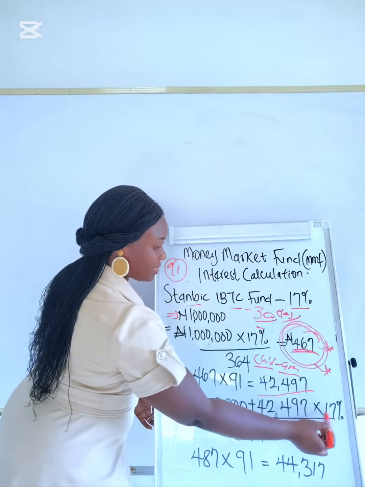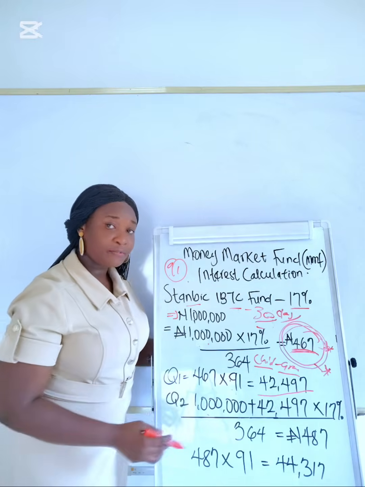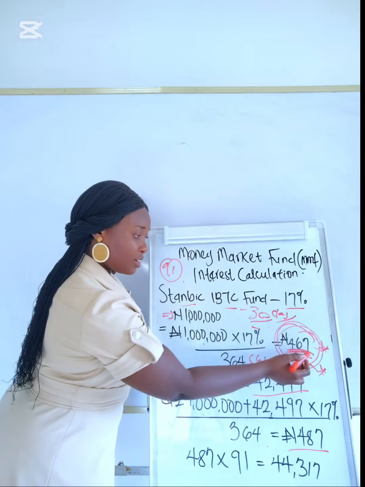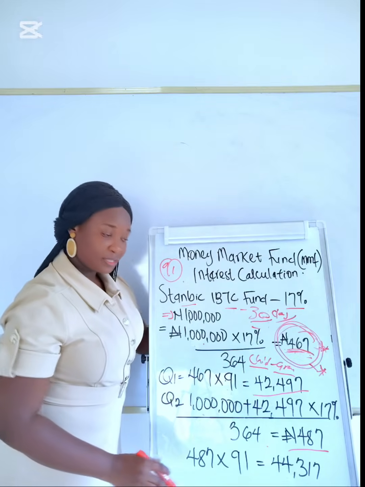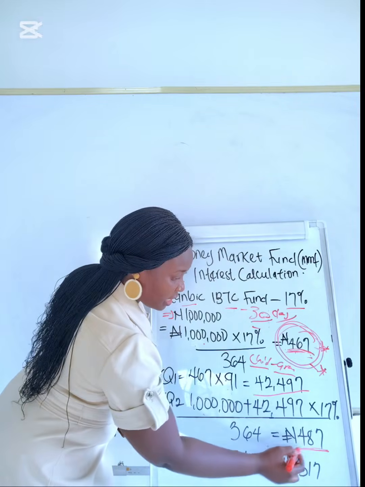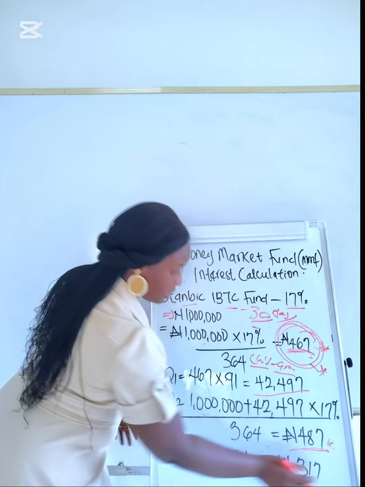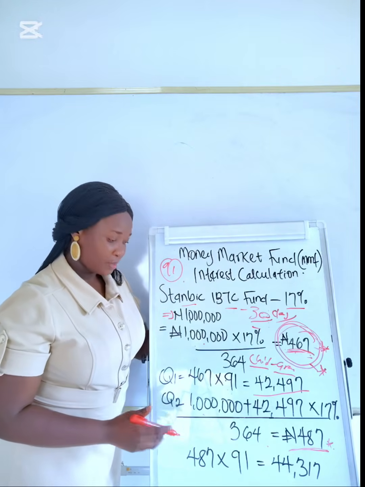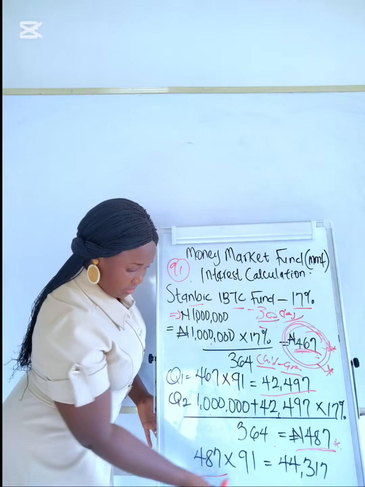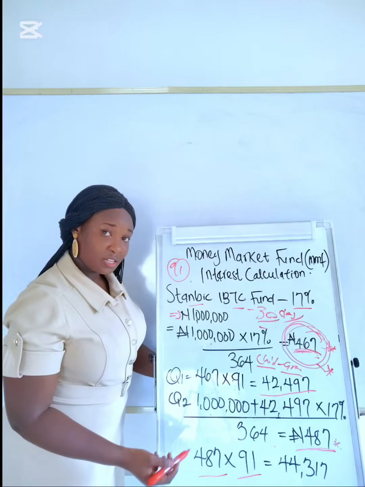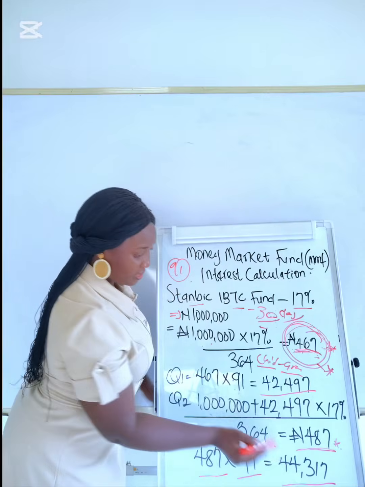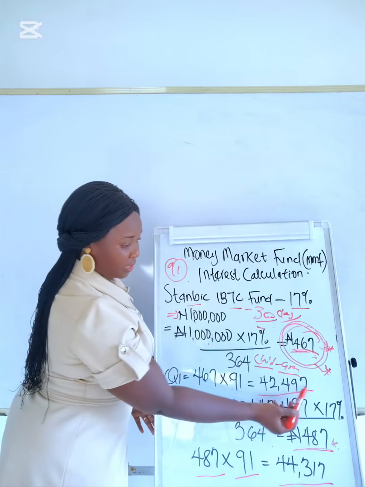Then you multiply by the 17% again, and divide by 364. So instead of earning 467 naira on a daily basis, you now begin to earn 487 naira. This is approximated. Your 487 naira times 91, for the second quarter, is going to give you 44,317 against 42,497.